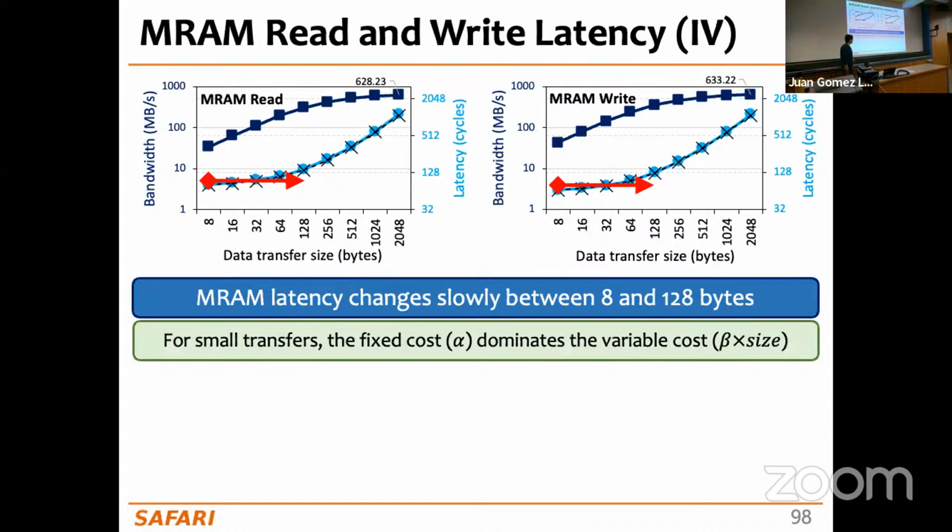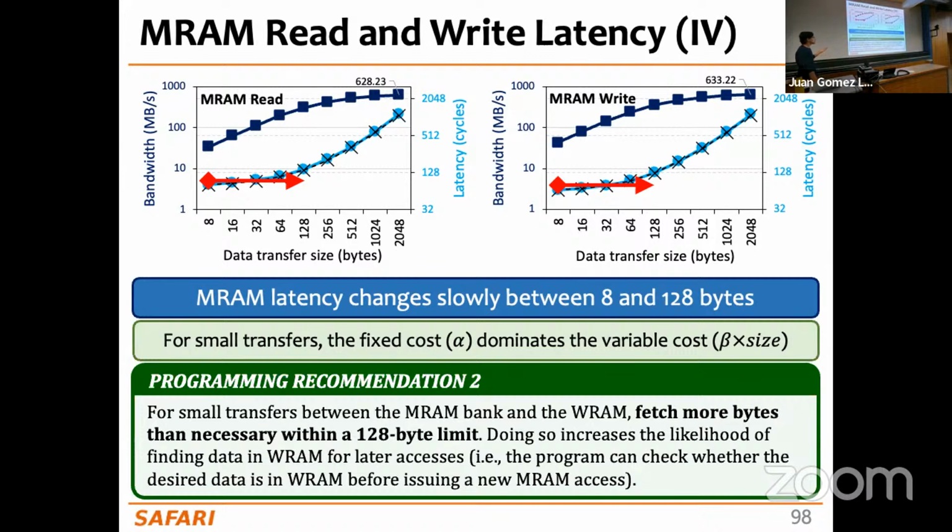Well, another observation is that the latency is pretty flat between 8 and 128 bytes, and that's because the fixed cost, the alpha, dominates the variable cost. Of course, if this size is small and this is only 0.5, right? Well, as long as this is 80, for example, 80 cycles, it will dominate for certain sizes, right? And one programming recommendation is that maybe it would make sense to even try, maybe you only need 8 bytes.